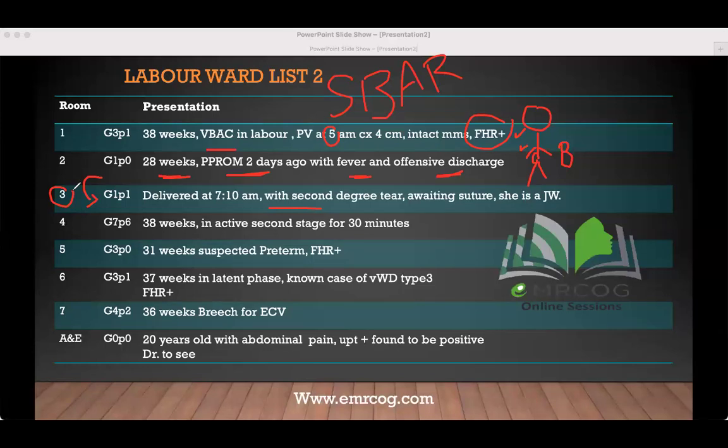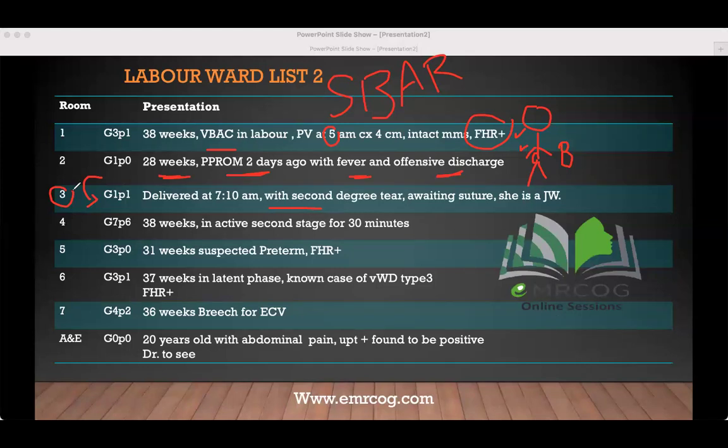So here you have to alert the team, declare the emergency, and activate the major obstetric hemorrhage protocol, right? The team to help you will be a senior midwife, your consultant will be aware, and the hematologist, and the anesthetist.